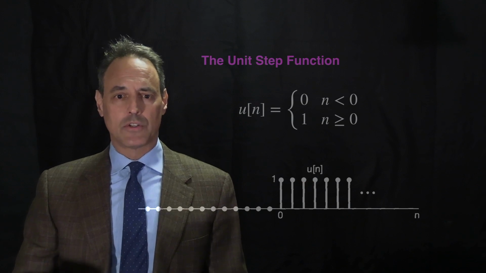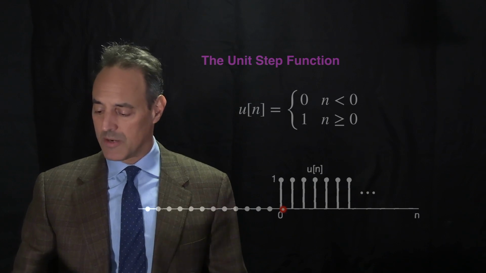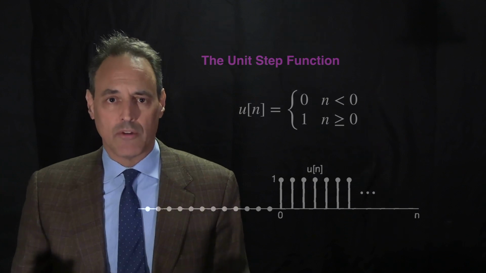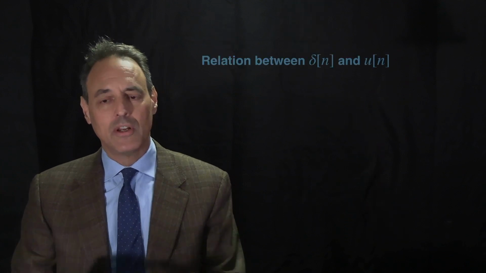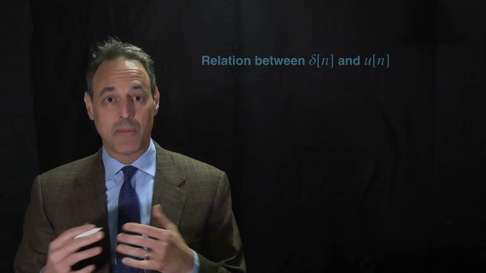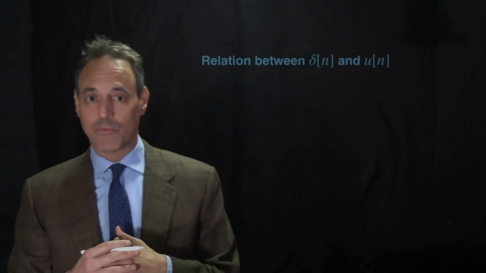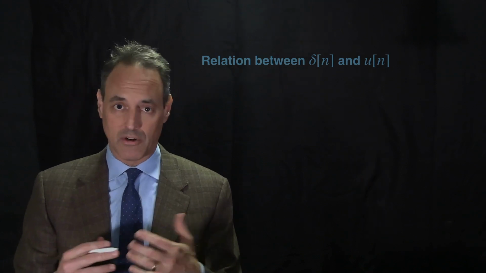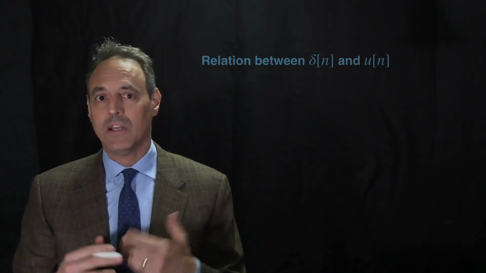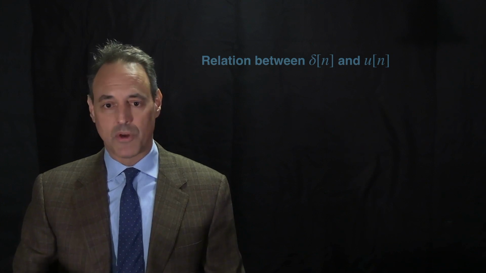So that is the unit step. And we've seen the delta function, which is just it comes on and goes back off. These two functions are related to each other. In fact, they're related to each other in some sense through differencing and summation. In the continuous version, they're related directly through differentiation and integration, which in the discrete case is exactly differencing and summation.